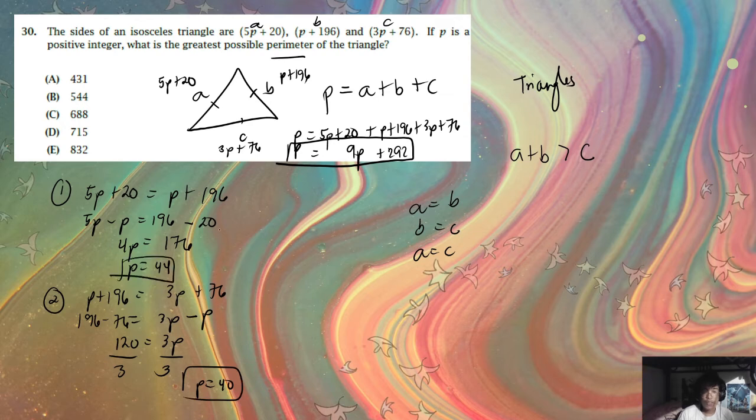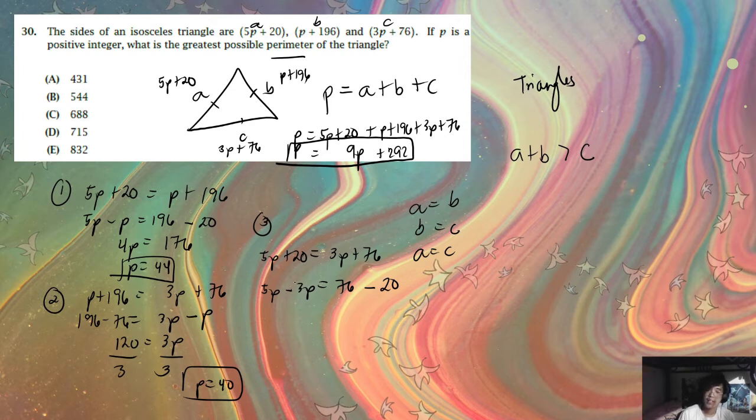So let's try our third case. For our third case, we have a is equal to c. So that's 5p plus 20 is equal to 3p plus 76. We can say that 5p minus 3p is equal to 76 minus 20.